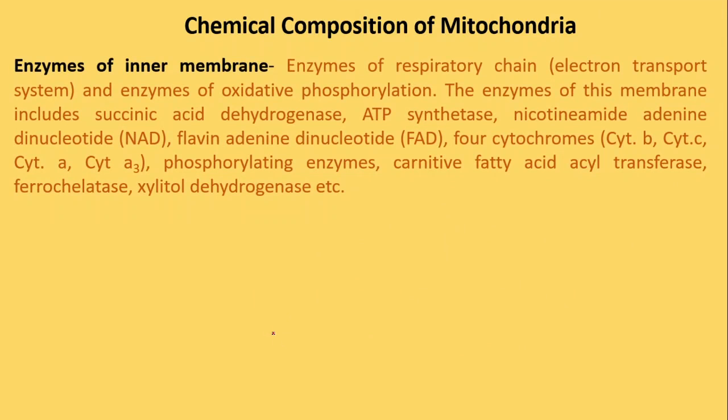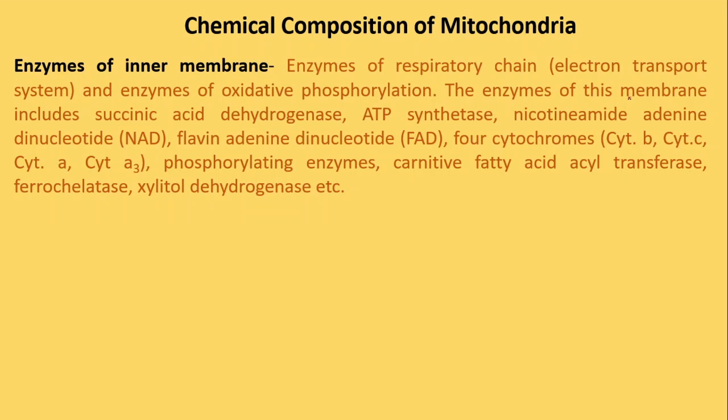Next, if we see the enzymes present in the inner membrane, the enzymes of the respiratory chain, electron transport system, and enzymes of oxidative phosphorylation are present in the inner membrane.